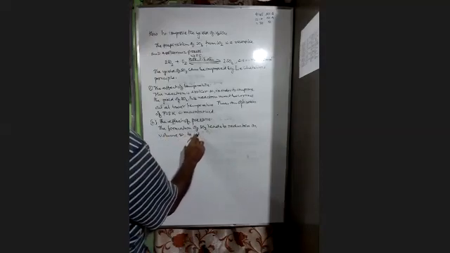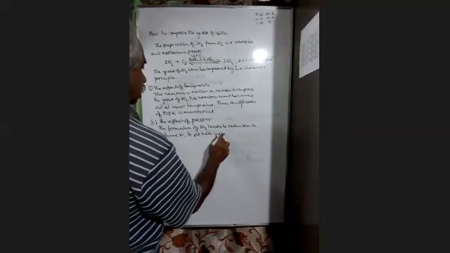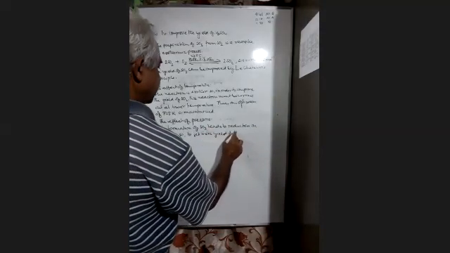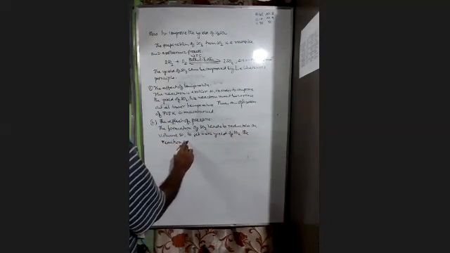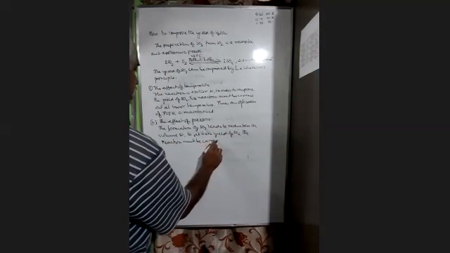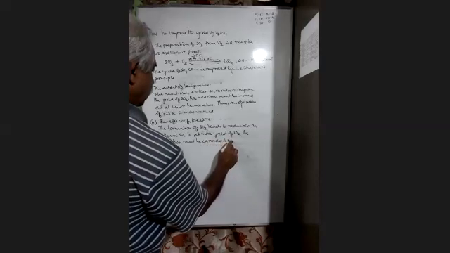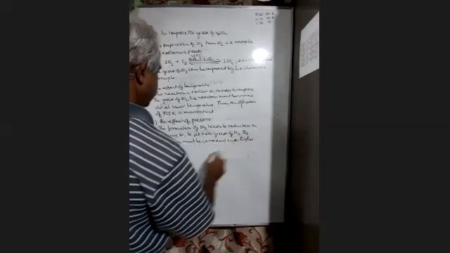So, to get more yield of sulfur trioxide, the reaction must be carried out under higher pressure.